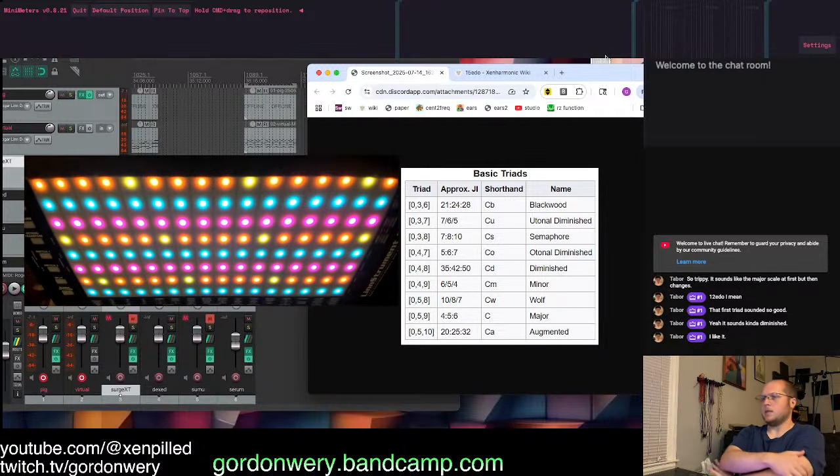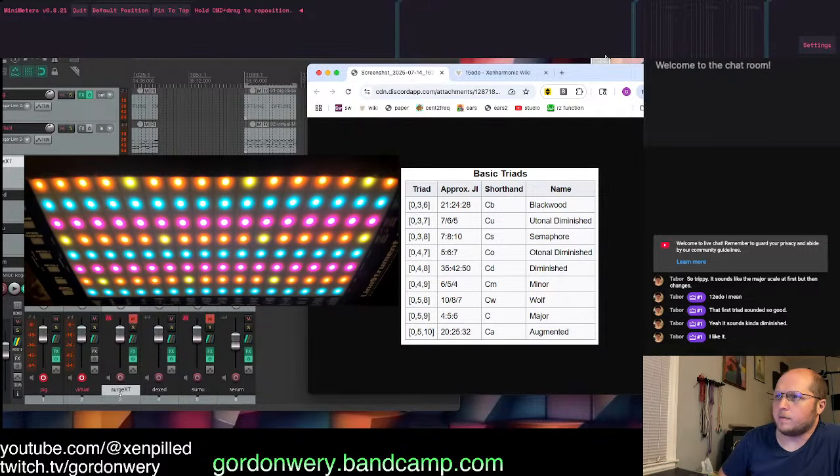That would make sense, because if the naming system in 22 EDO was temperament agnostic, we would have the same exact names for all these chords. So the double sub minor would have the same name.